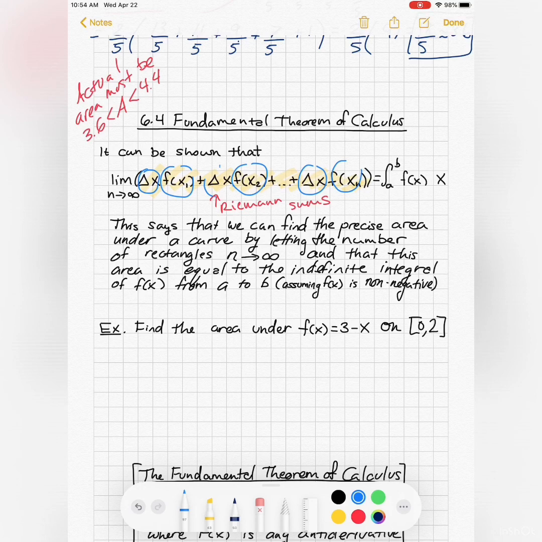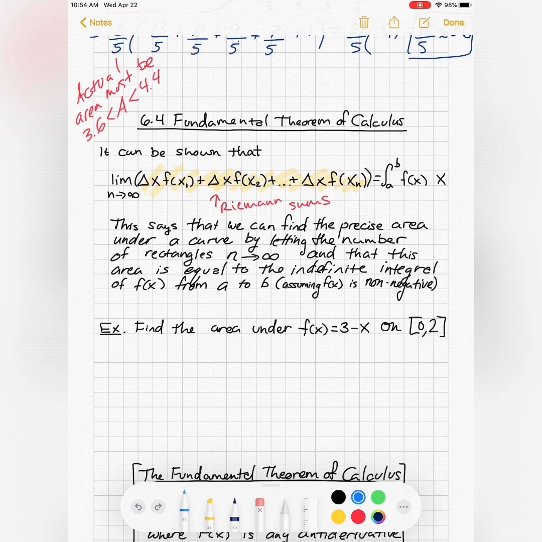Okay? So what this says is take the limit as n goes to infinity. So n is the number of rectangles, or the number of subintervals.